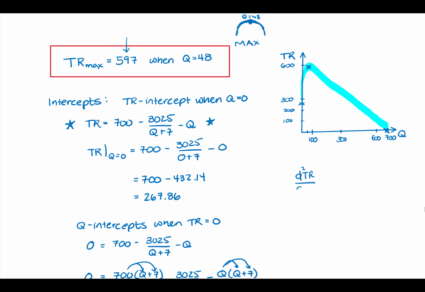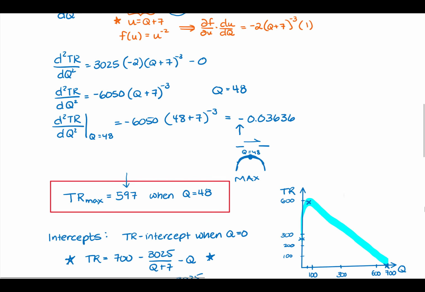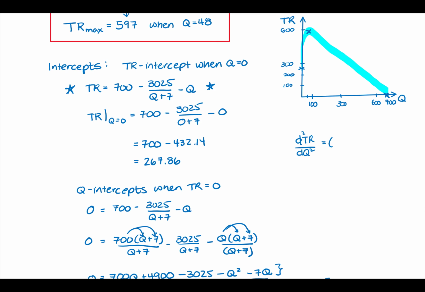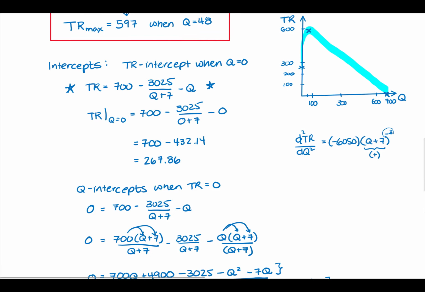Looking at our second derivative, we've already calculated it, I'm just going to pull it up. We can see that it was negative 6,050 times Q plus 7 to the power of negative 3. We know that our Q value is always positive, so this term here is always positive. A positive value raised to any exponent is always going to be positive.